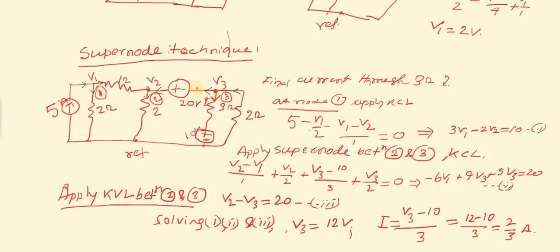Then apply KCL. After writing KCL like this, you follow the normal KVL law between these node voltages, just like this. Yeah, similar.